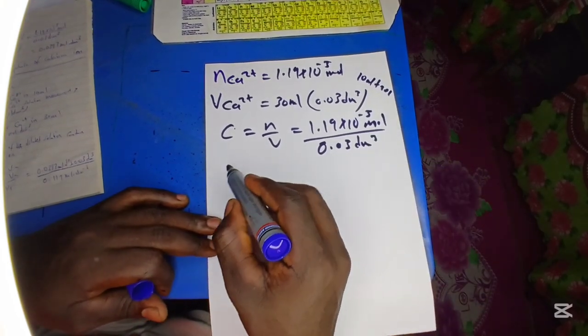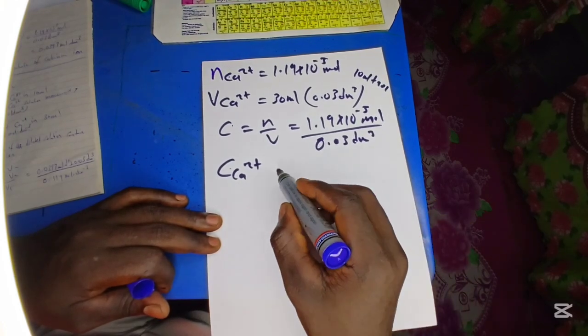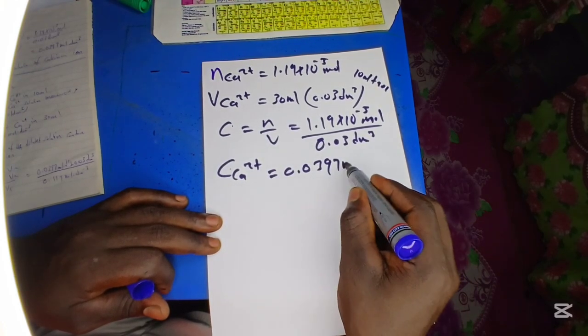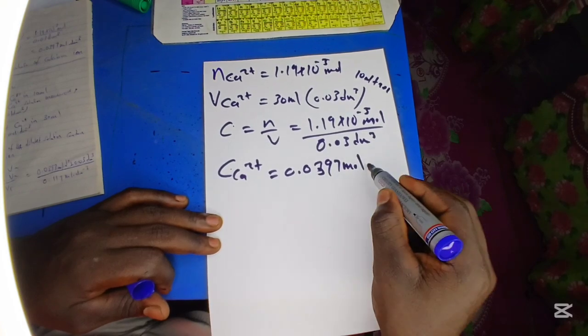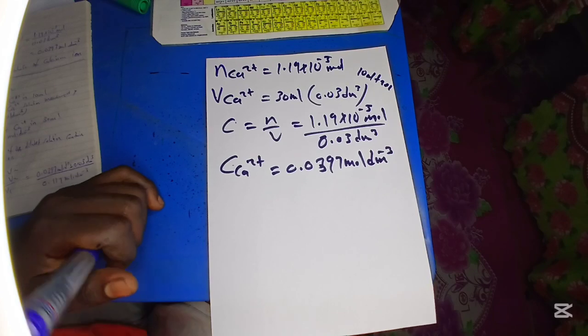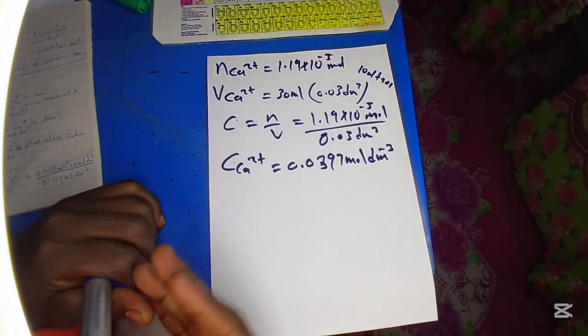So we are going to get the concentration of Ca2+ to be 0.0397 mol per dm³. So now that we are done with calculating the concentration of Ca2+, what next can we do?